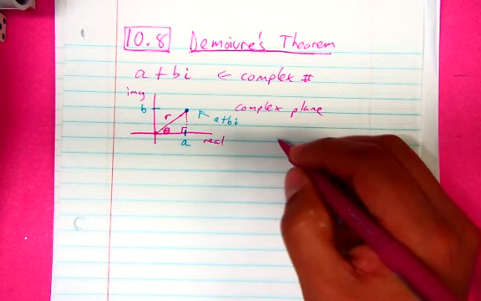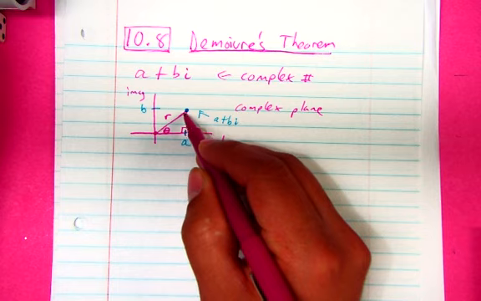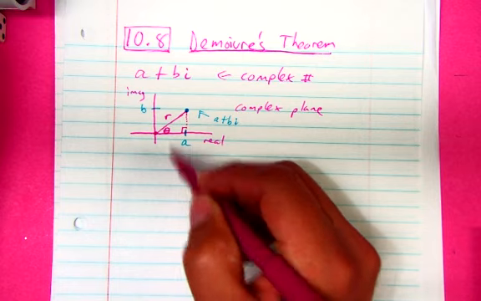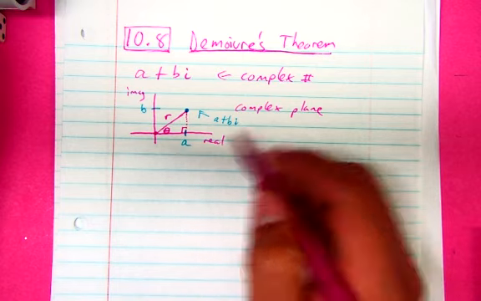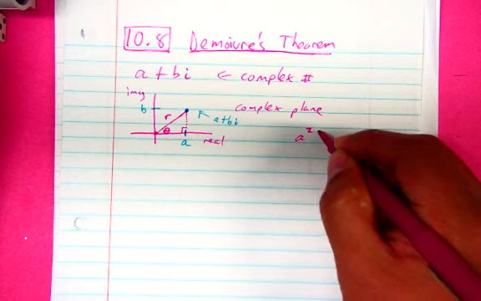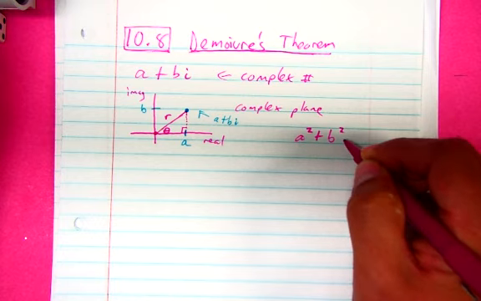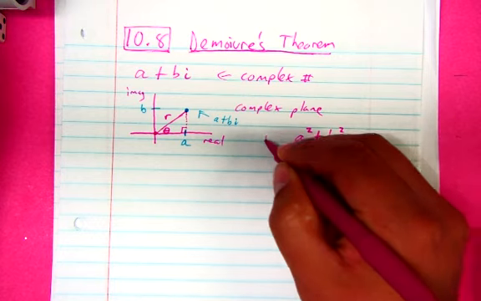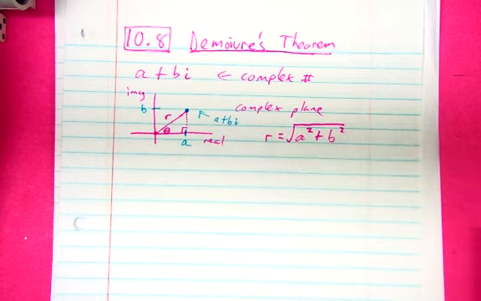And now the question is, how could I find this distance here? a squared plus b squared would equal r squared. So r would be the square root of a squared plus b squared.